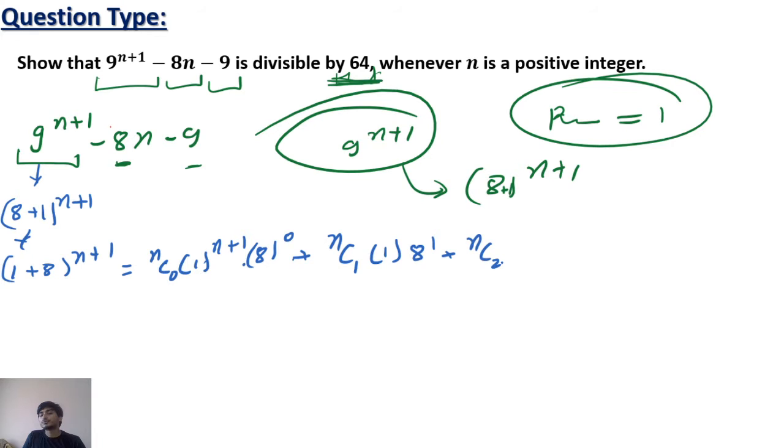I will first write 8 square into nC2, right? Next term after this will be 8 cube nC3, and plus 8 to the power 4 nC4, like that it will keep going till the term 8 to the power n nC n, right?